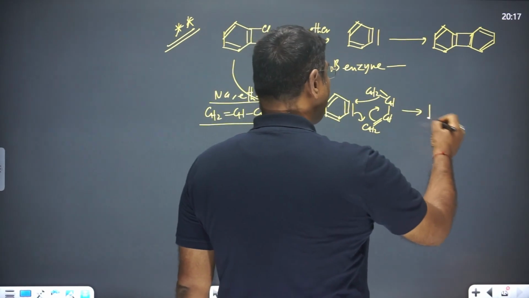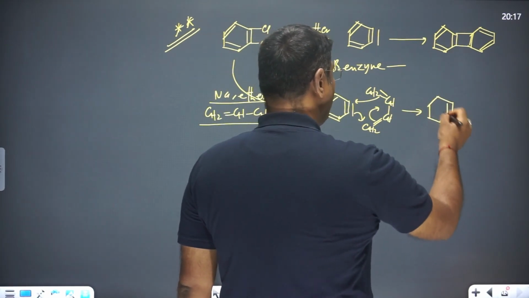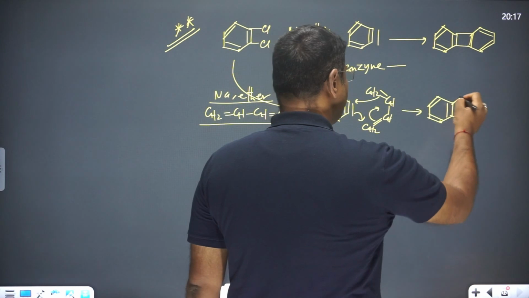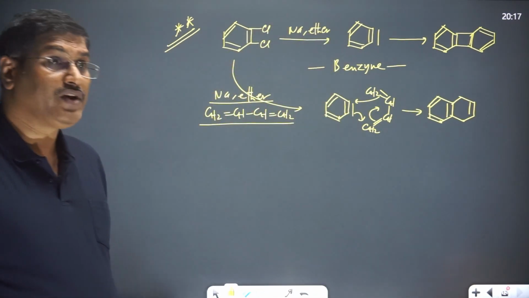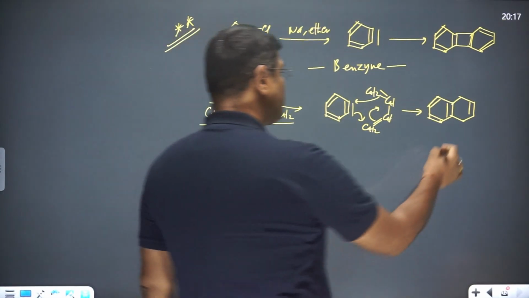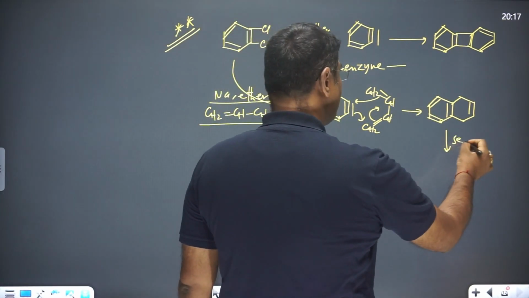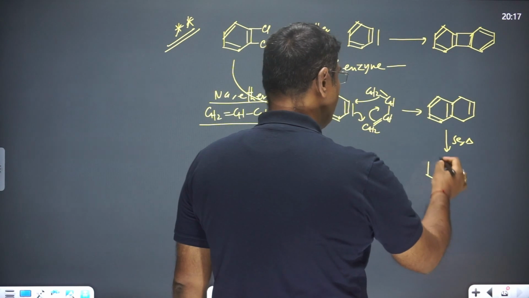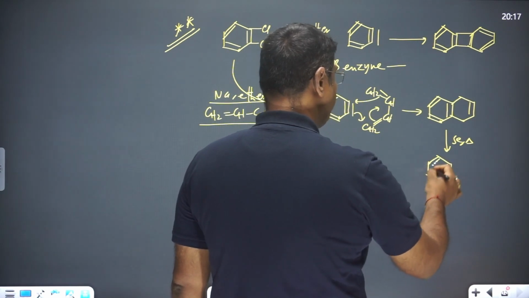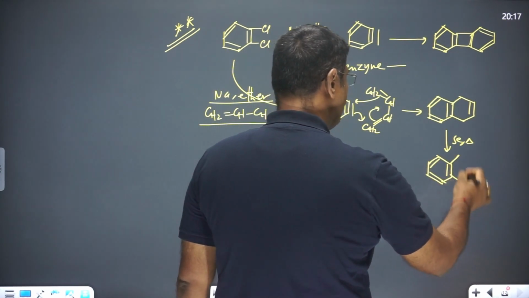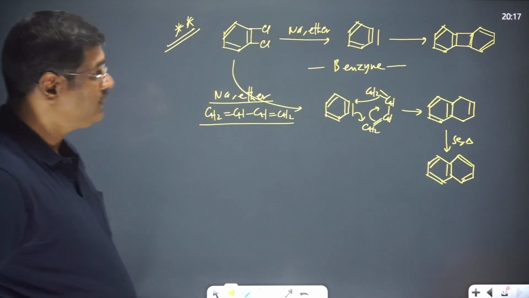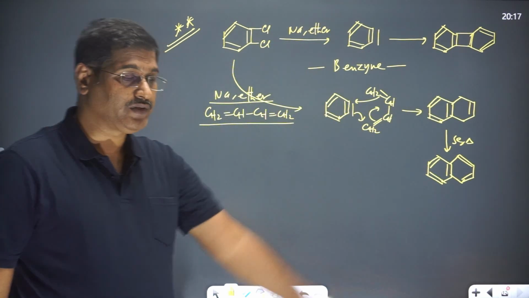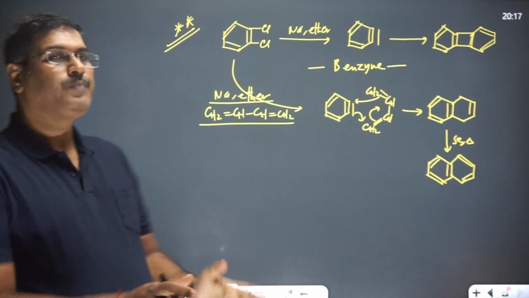That finally gives another cyclization product, a double bond forms. Interesting reaction. If this one is treated with selenium on heating, this gives naphthalene. This is used for that kind of synthesis.